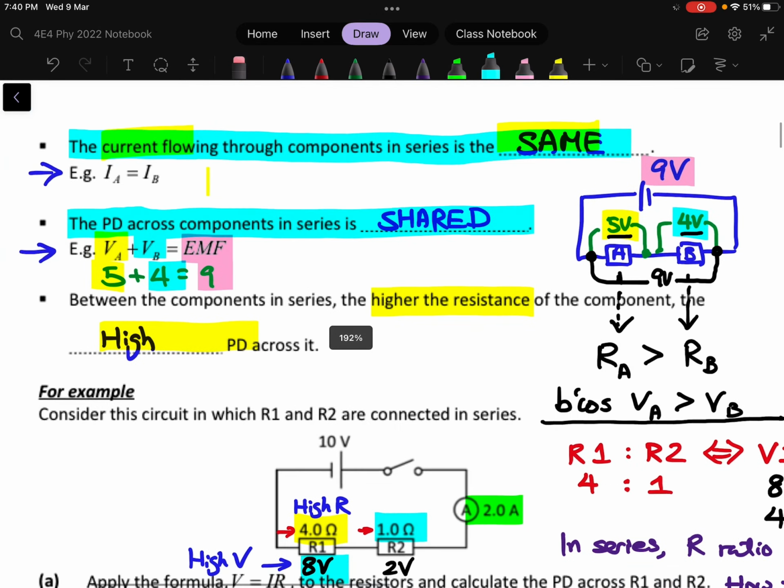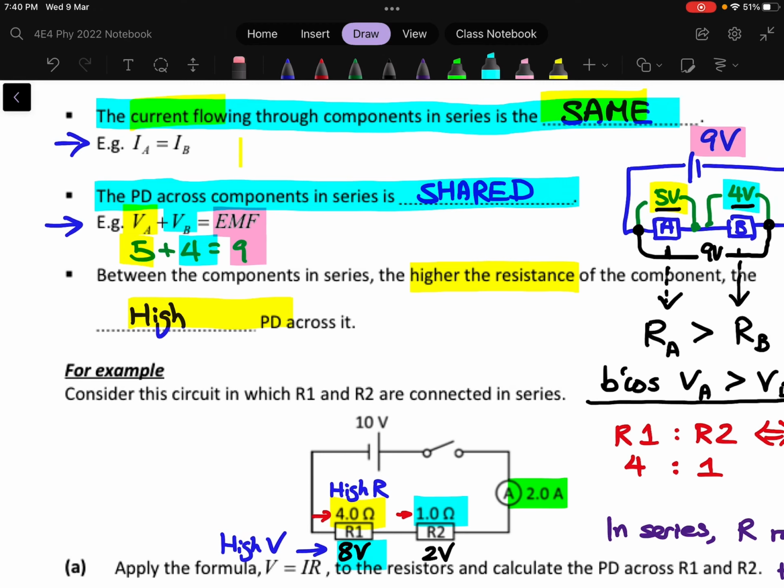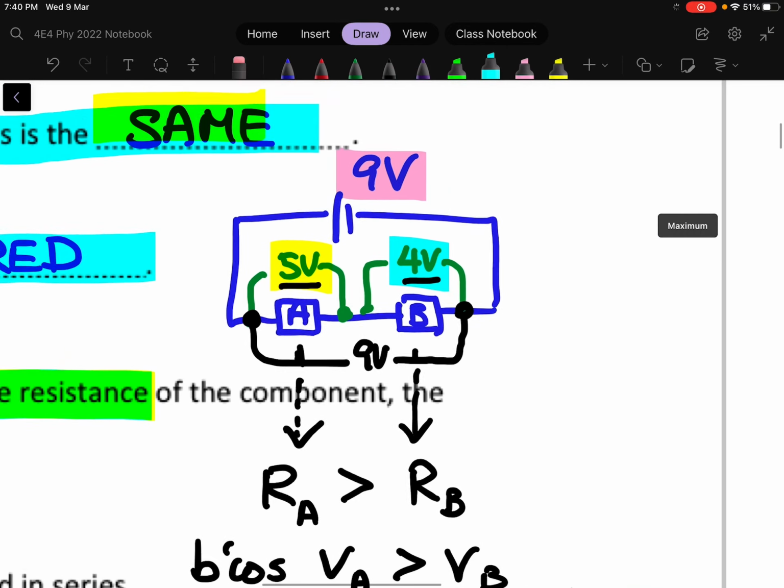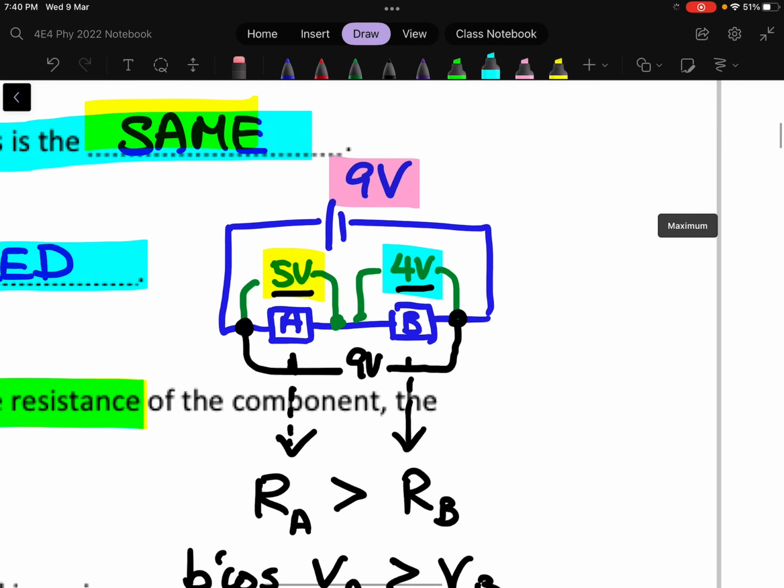The next and the last characteristic is that when components are in series, if you have a higher resistance, you will get a higher PD. So for example, if you look at this circuit, resistor A uses up 5 volt, resistor B uses up 4 volt.